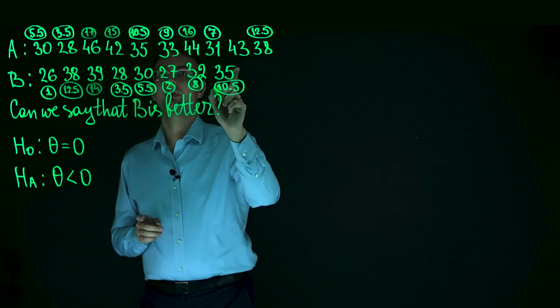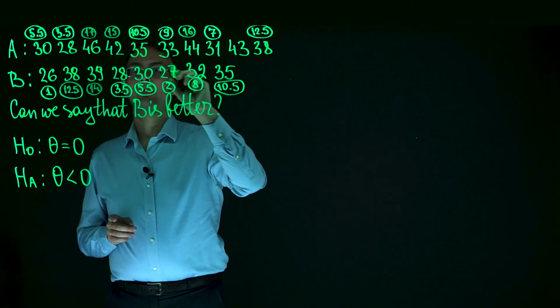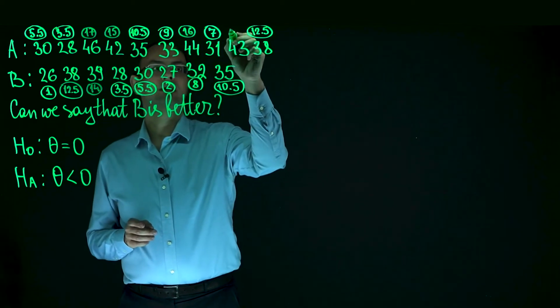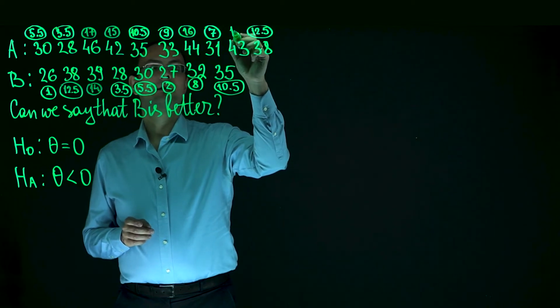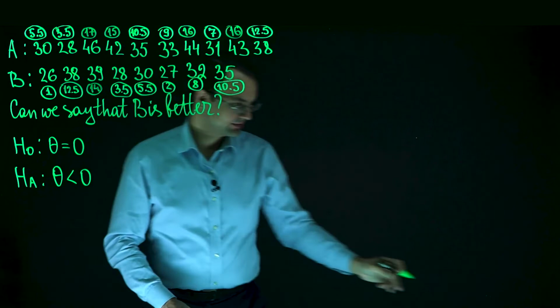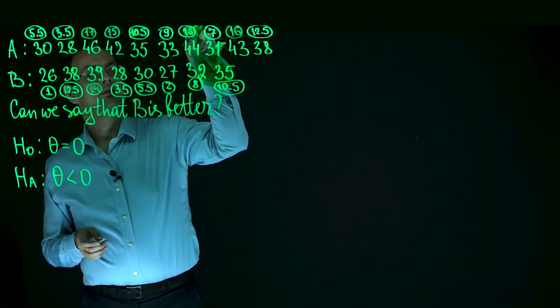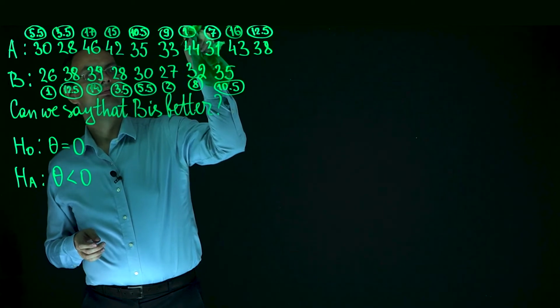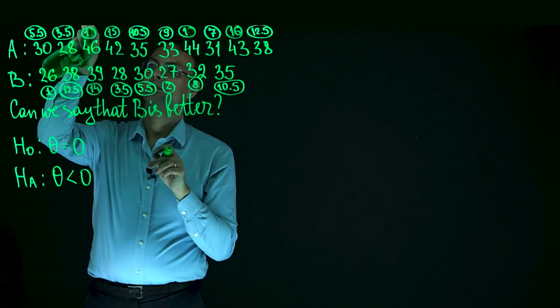Oh, no. I missed 43. So 43 has its rank 16. And so that means that here we have 17 and here we have 18.